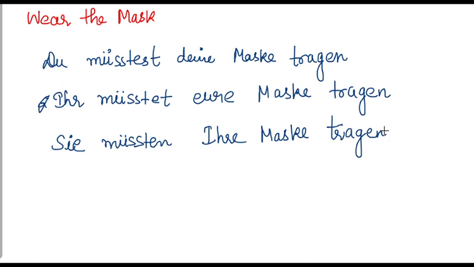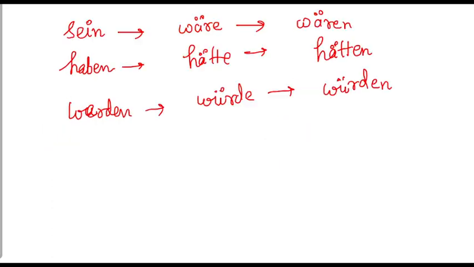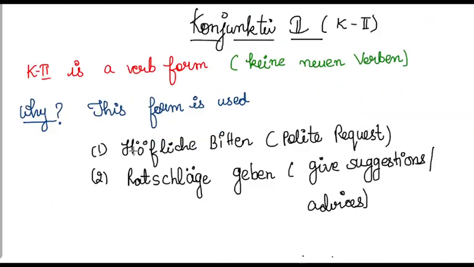The second part: I'm dividing all the possible categories which we have studied into two parts. In the very beginning I told you that Konjunktiv II is used for höfliche Bitten, that is, polite requests. Polite requests we have completed, and Ratschläge geben, giving suggestions or advice.